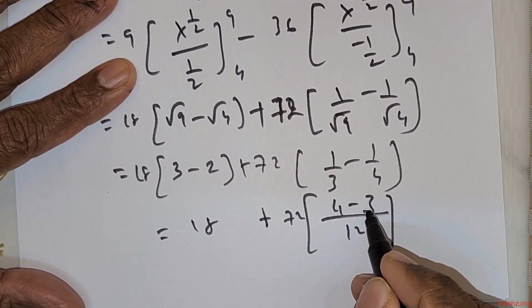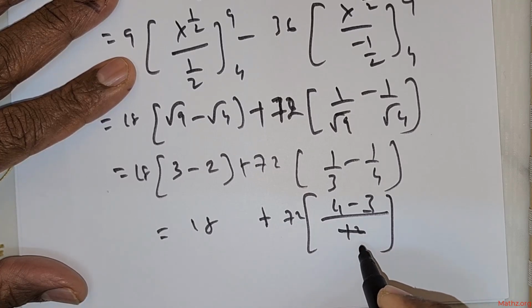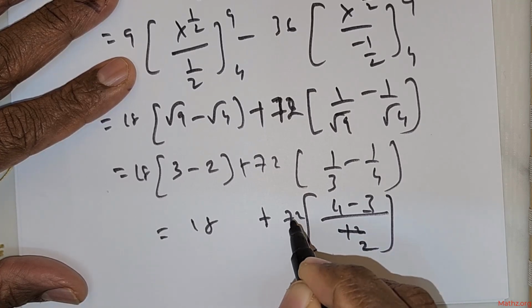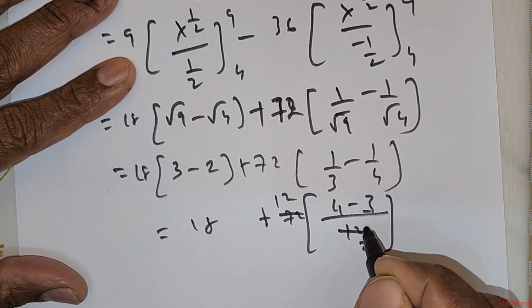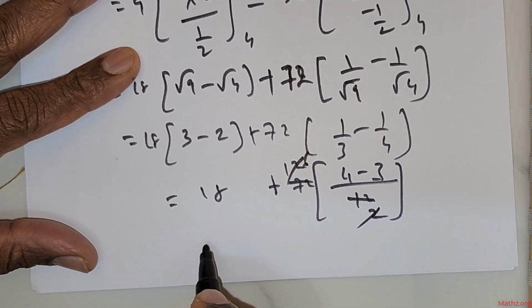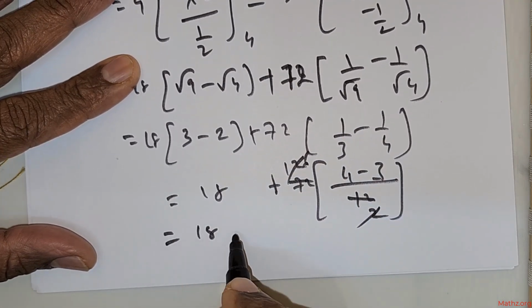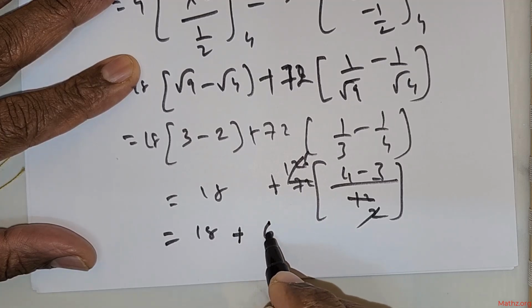Now 4 negative 3, that's going to be 1. Now 6 divides here 2 times, and 6 divides here 12 times. And in fact, I could have utilized 12 itself, and 2 divides here 6 times. Okay, fair enough. So you have 18 positive of 6.